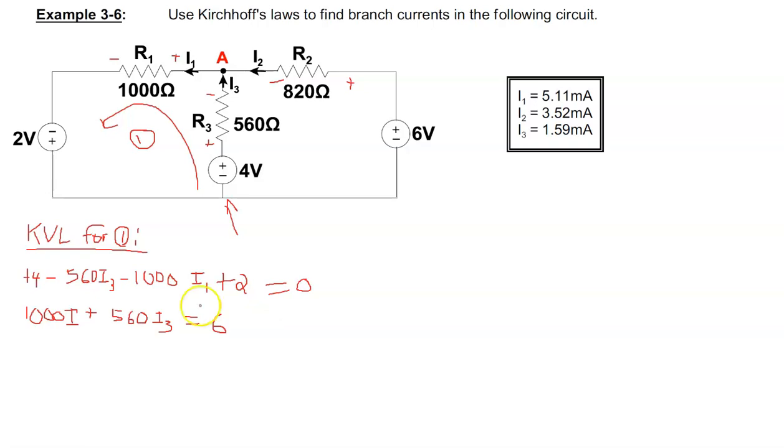these circuits laid out with two loops, one on either side of this center branch, always work out so that this loop on the left does not have a term for I2, and the loop on the right does not have a term for I1. And KCL has all three variables in it.